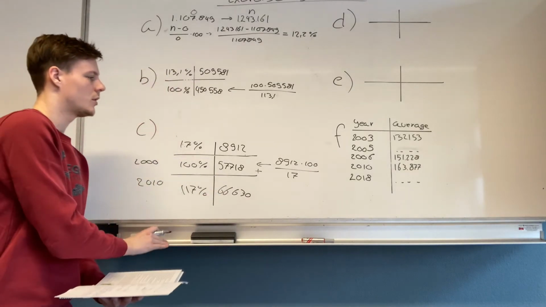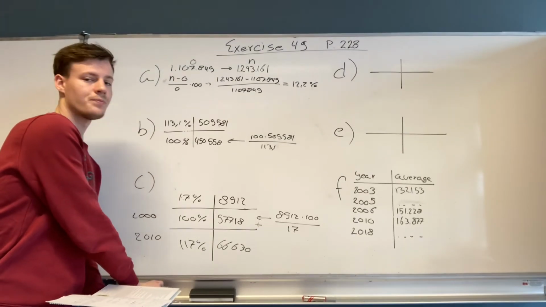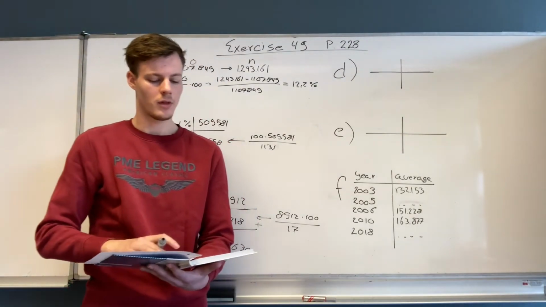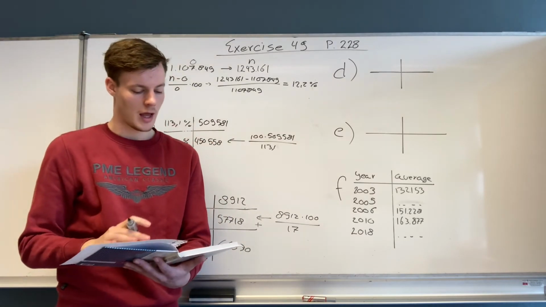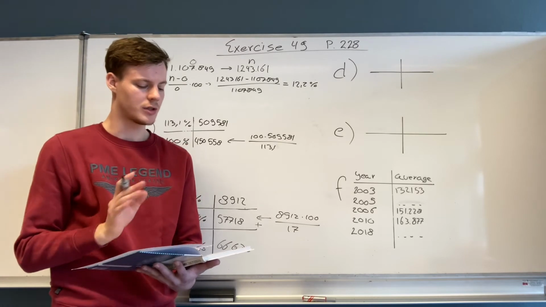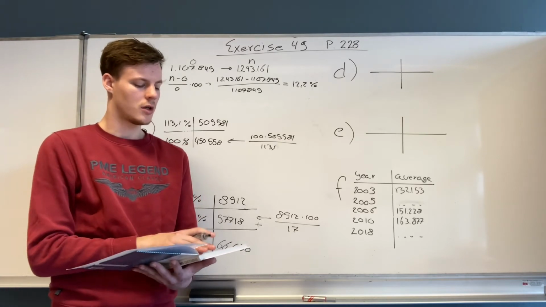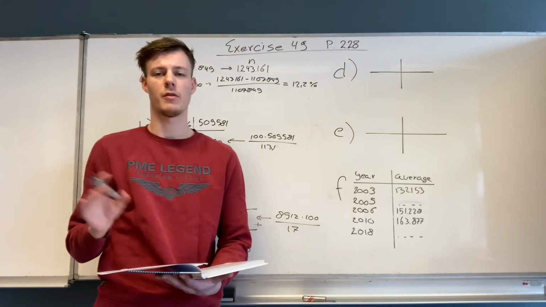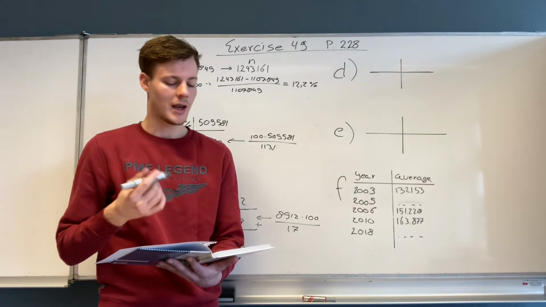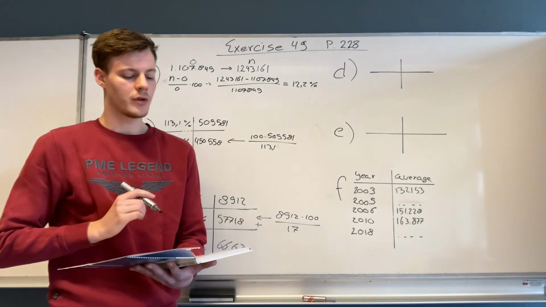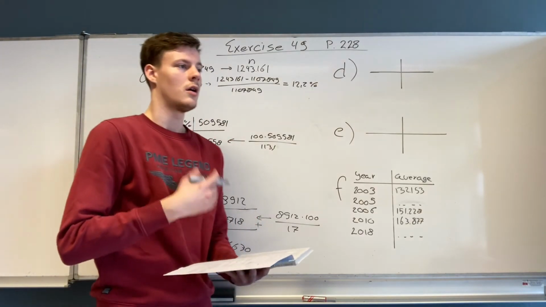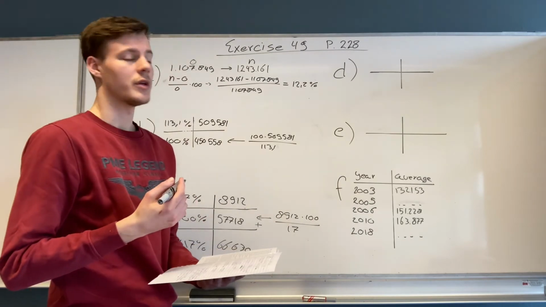All right, so let's go to question D. With question D, it's about the number of jobs, and here it's also between 2000 and 2010. The number of jobs was roughly 600,000, and this number had increased by 8.5%, and they want to know how many jobs there were after this increase.